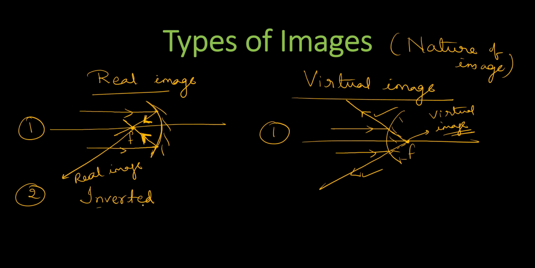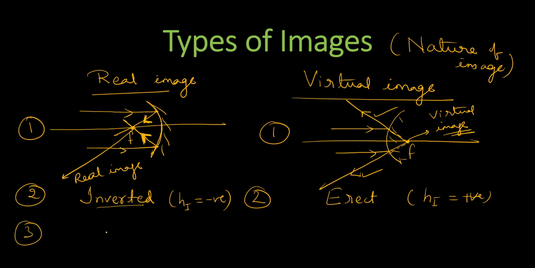So the image is always inverted, and all virtual images are erect. Erect means the image is formed above the principal axis. In this case, the height of the image is taken as positive by sign convention. And in case of a real image, the height of the image is taken as negative in Cartesian sign convention.